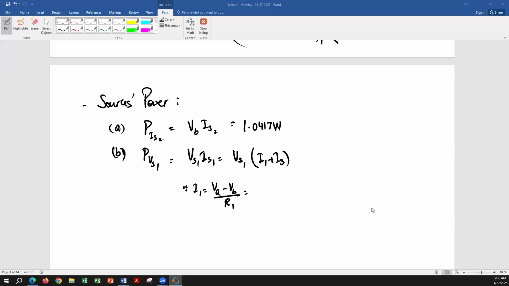That's negative 8.33 milliampere. So this power is going to be PVS1 equal to VS1 times I1 plus I3, 0.4167 watt.